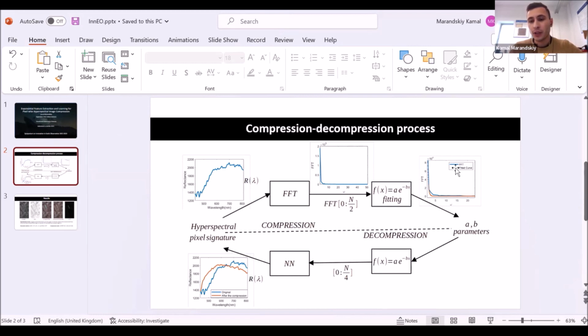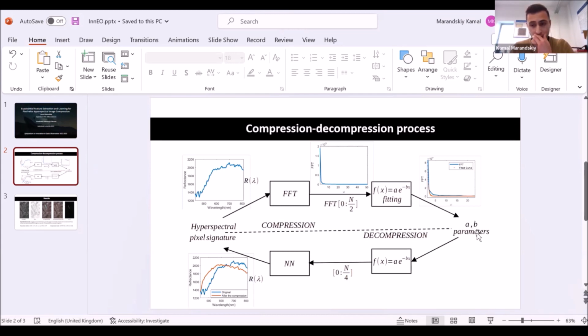Here, we applied the function as described by the orange curve to obtain the parameters A and B. The A and B parameters are basically the compressed representation of the main image, and the size of these two parameters is just 3 megabytes in this case.